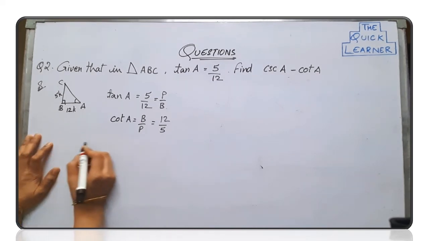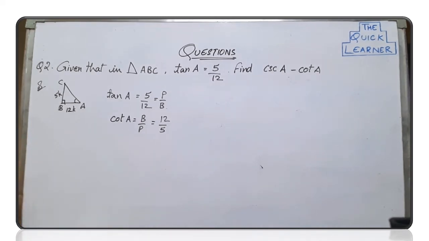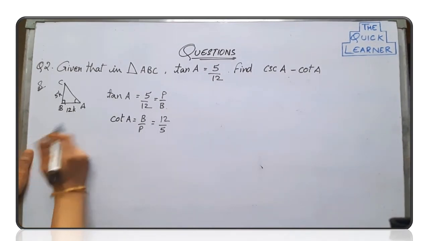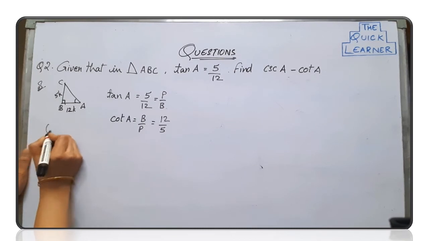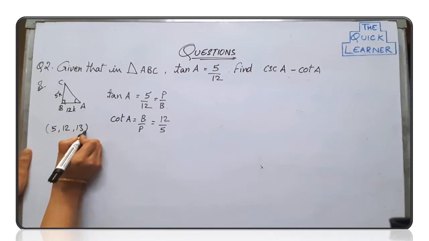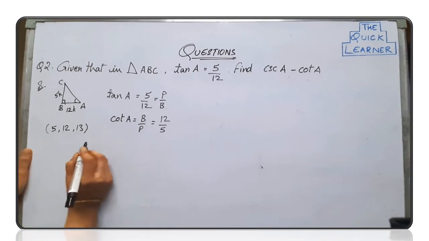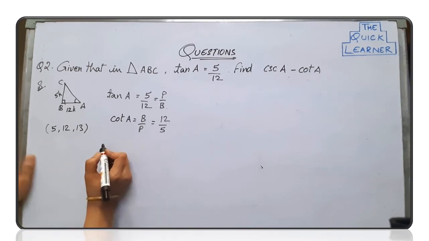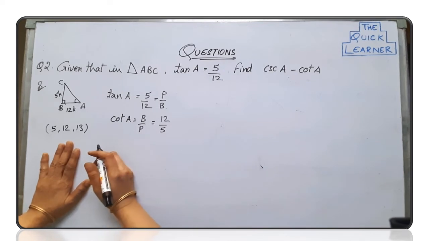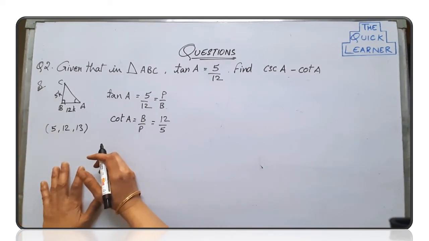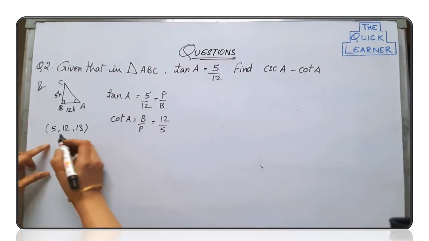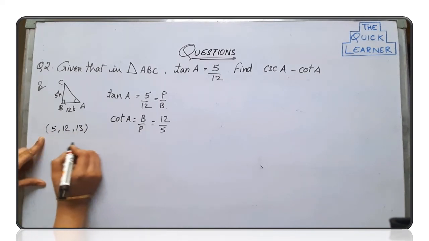Okay, now what is the trigonometric triplet? It is 5, 12, 13, right? This is the trigonometric triplet. So those who don't know this, solve the Pythagoras theorem and write down, otherwise directly write it.